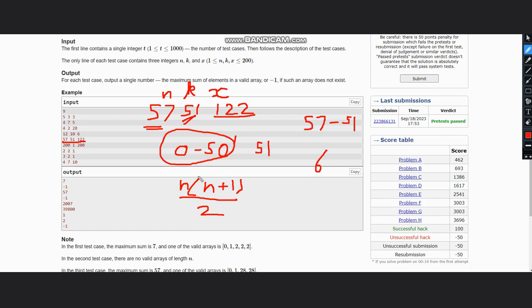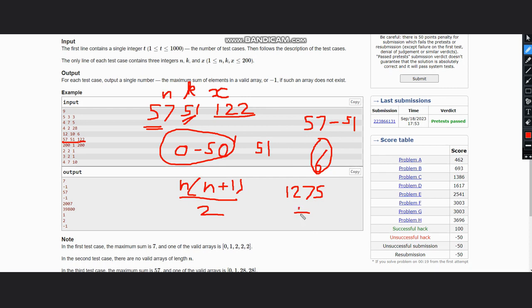So what will be the answer? 50 into 51 by 2, which would be 25 into 51, which gives 1275. Now for the remaining 6 numbers, we need to maximize the sum. The numbers can't exceed x, but they can be x. So I will take the remaining numbers as 122.